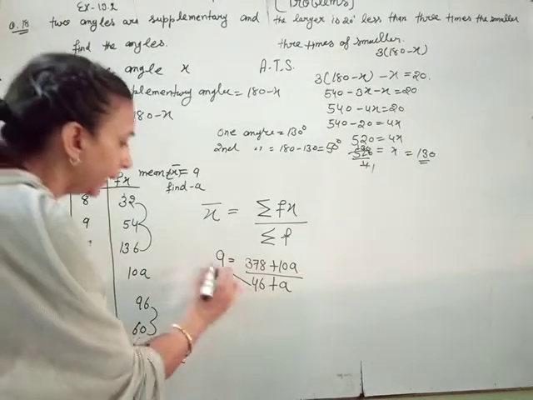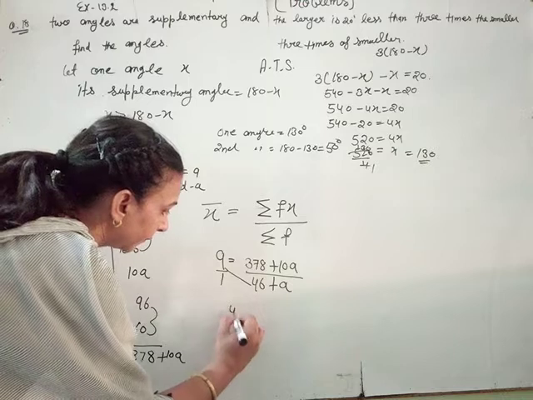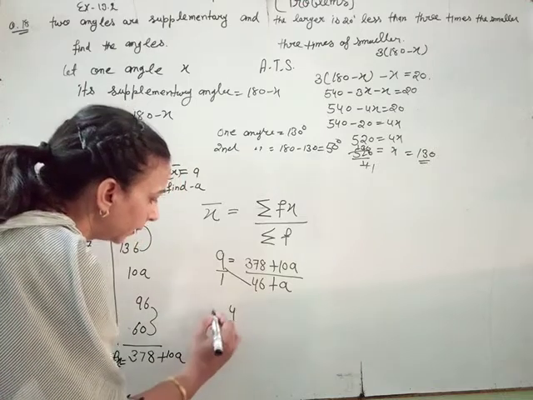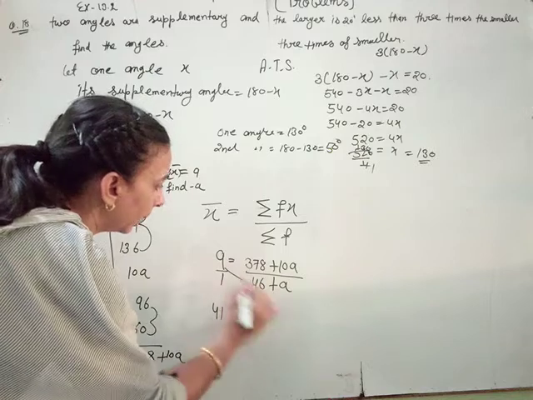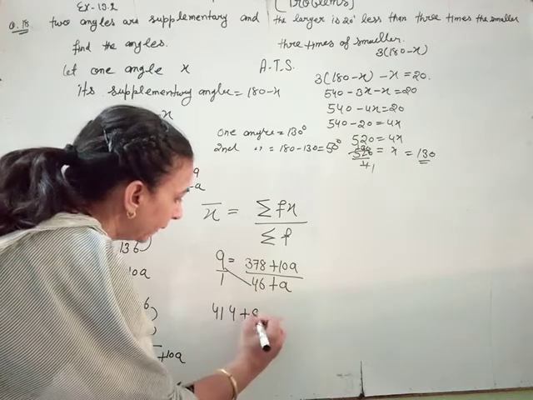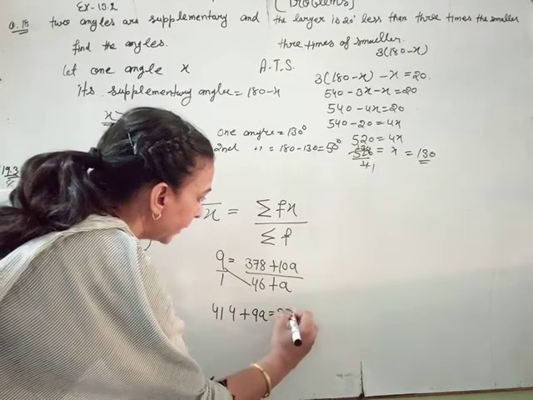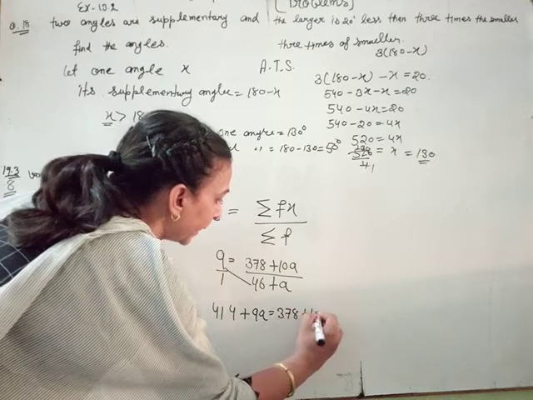9 times 46 is 414, plus 9 into a, 9a, equals 378 plus 10a.